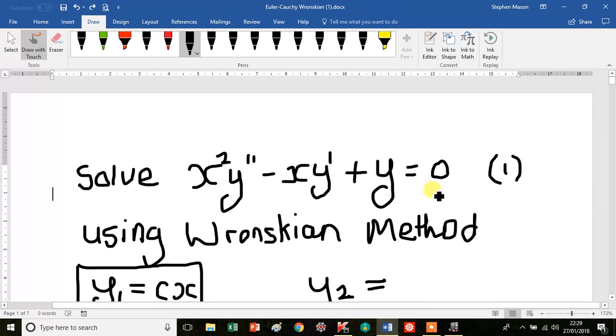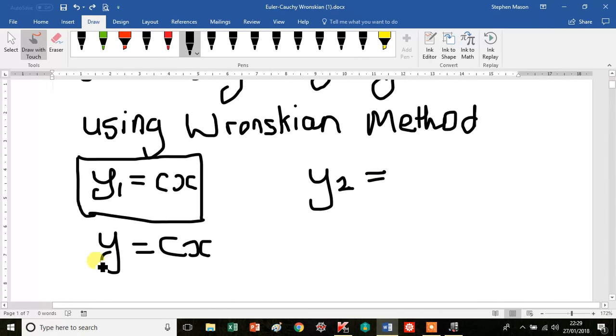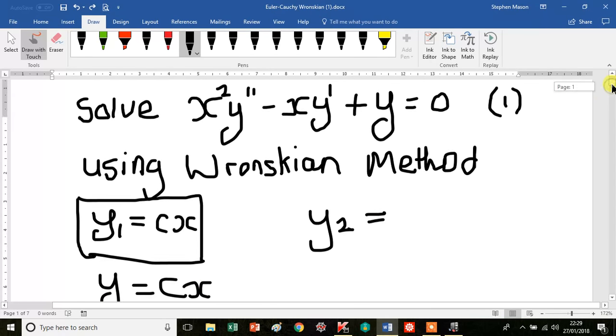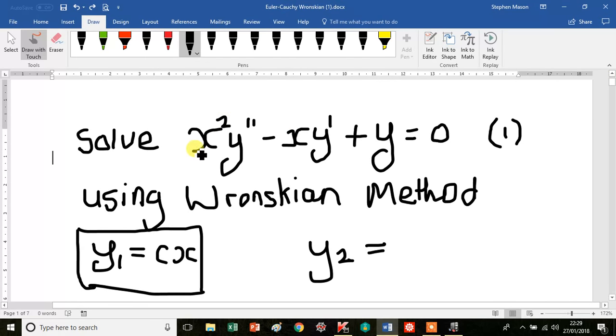And we need to know that if this term here, y equals cx, is a solution, then equation 1 should be equal to whatever is on the right-hand side.